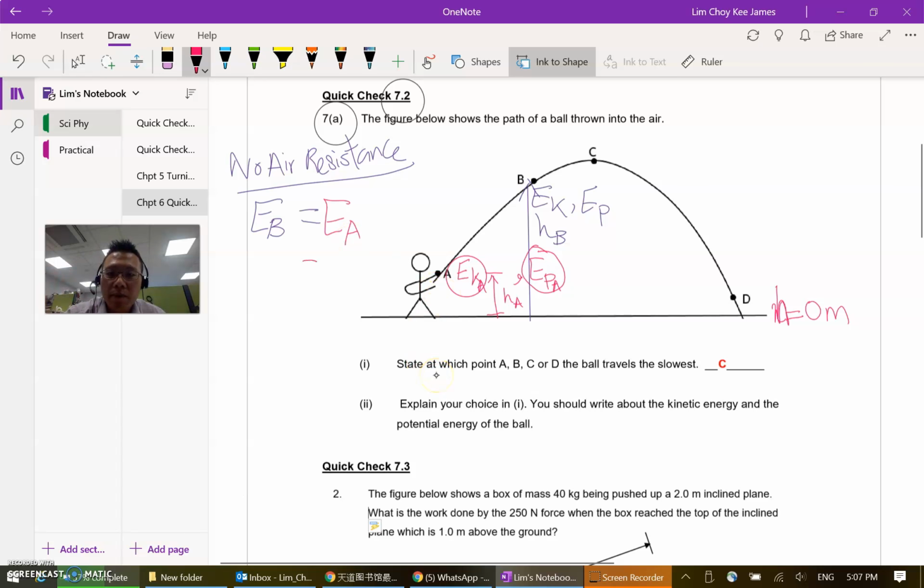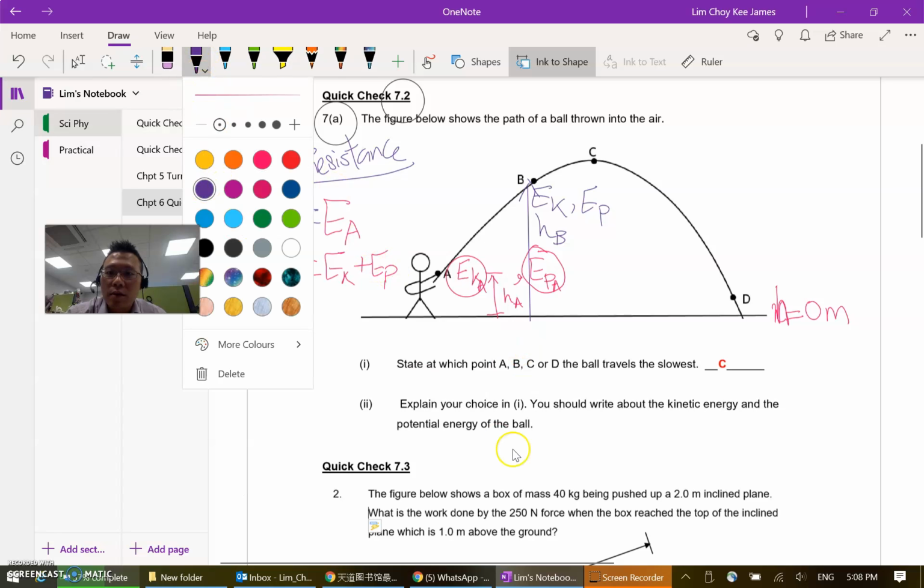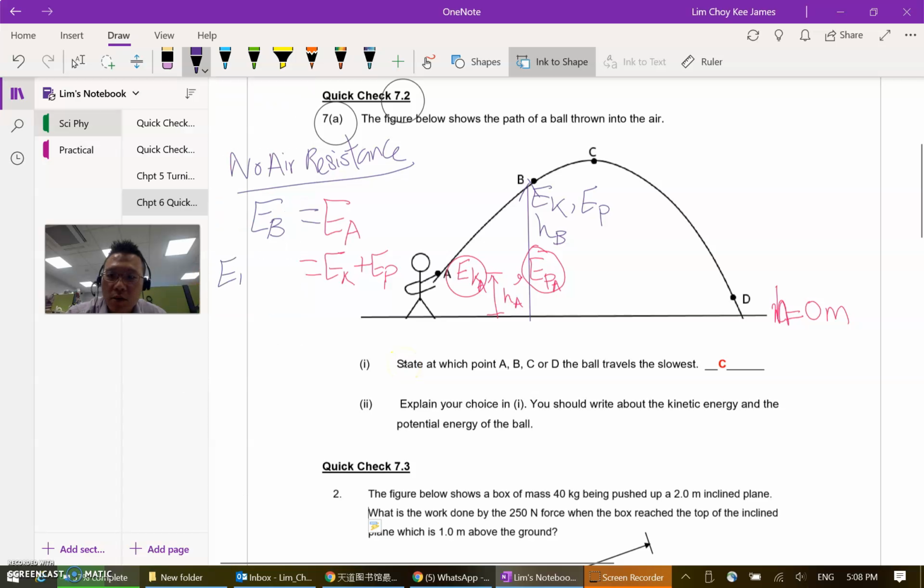For example, at point A, I have a certain amount of kinetic energy plus a certain amount of potential energy. At B, I will also have kinetic energy, and I also have potential energy.